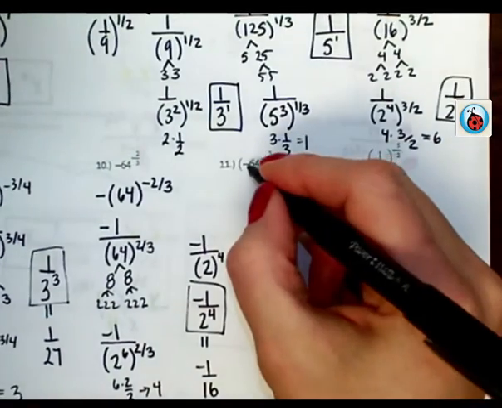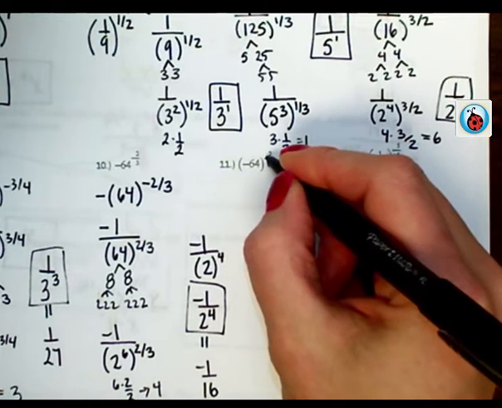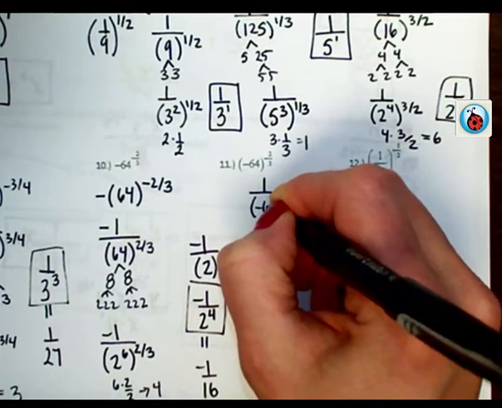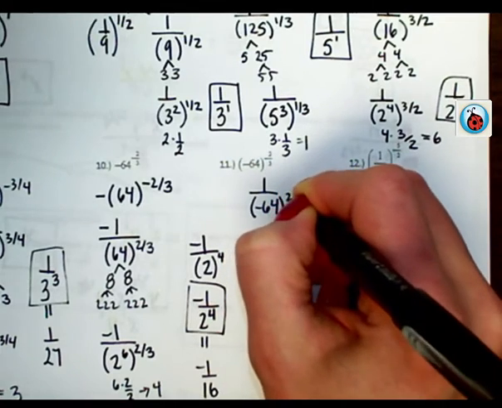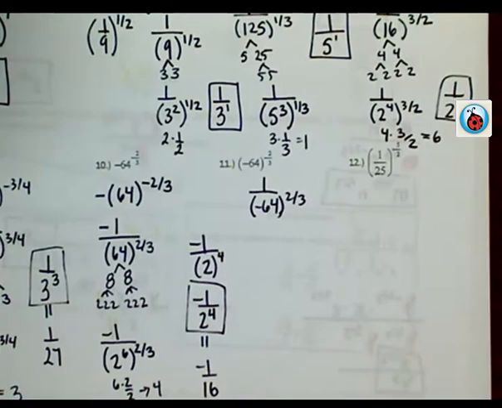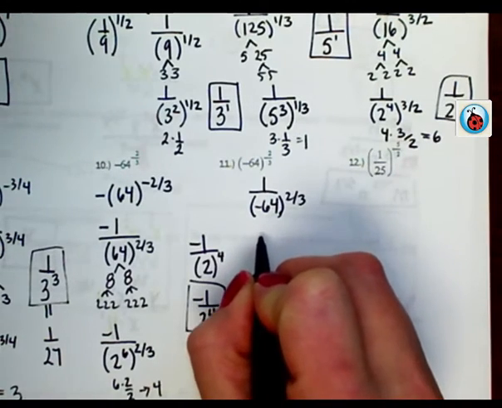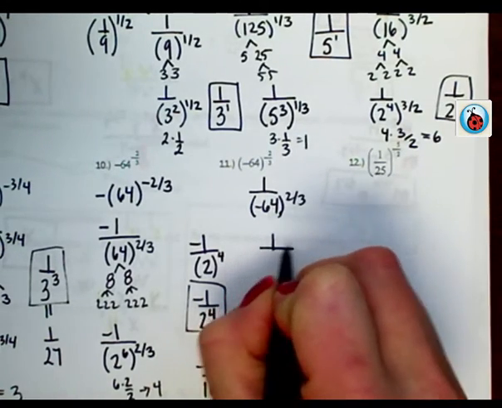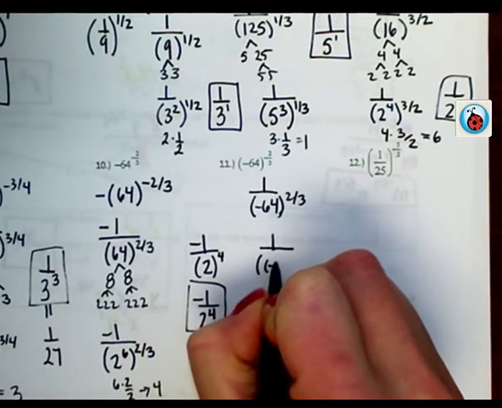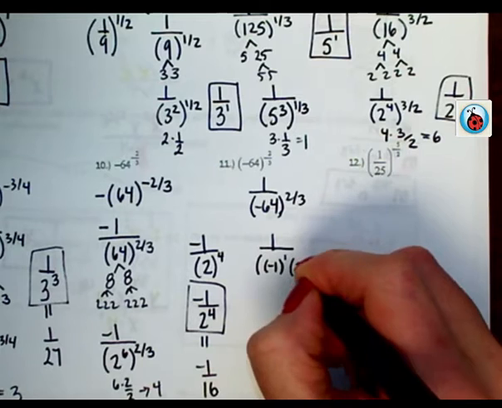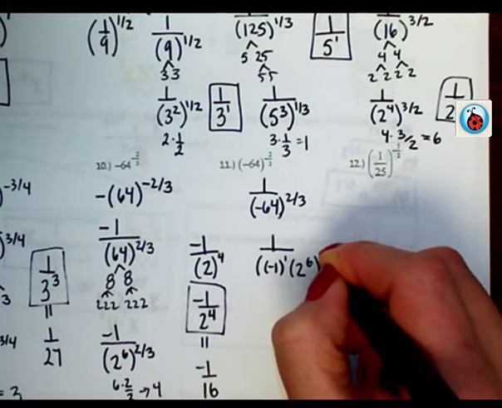All right, negative in the grouping, negative exponent outside. So let's go ahead and rewrite this to start. All right, similar factor tree here. So I'm going to go ahead and start with, okay, negative 1. We'll start with the first power, and 2 to the 6th.